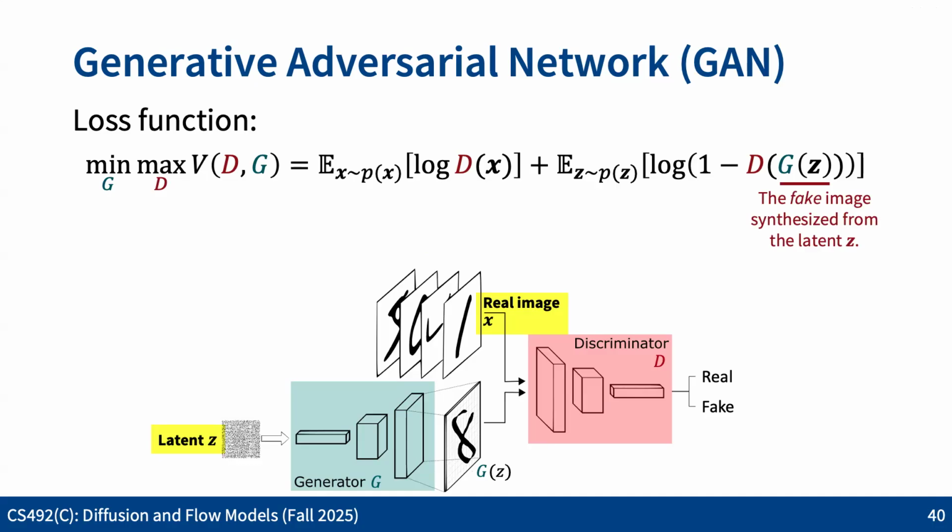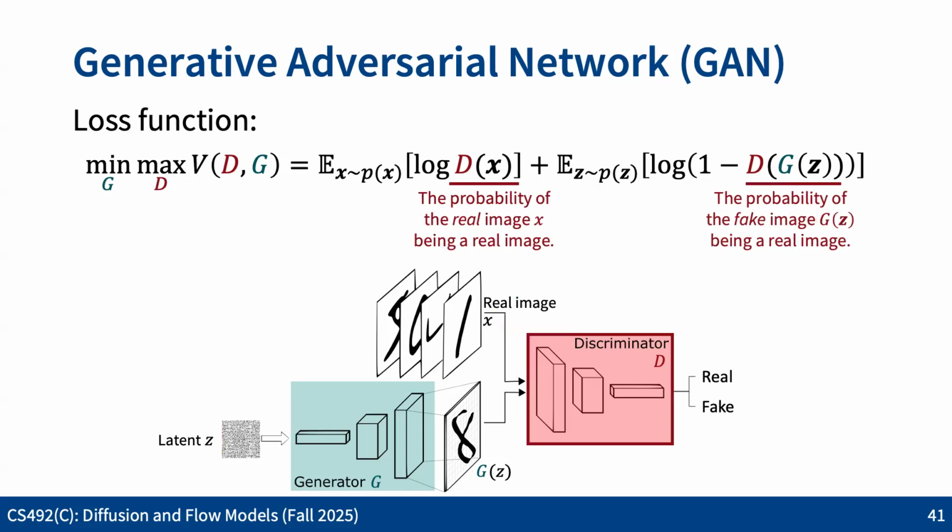And then what we get with the discriminator D is how likely the input image is to be a real image. So we are getting a probability of how likely this input is one of the real images.